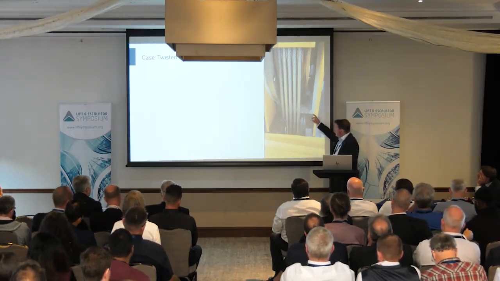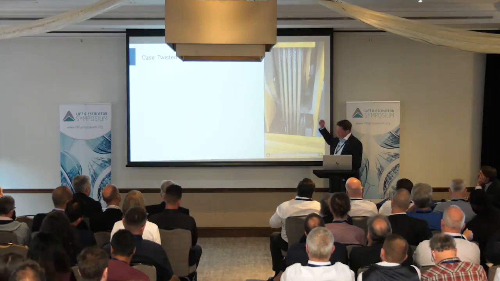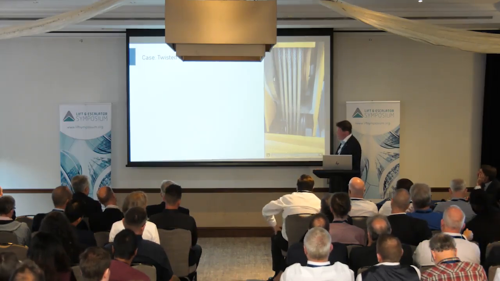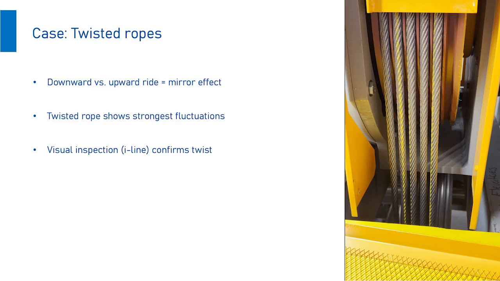So ropes are always turning. But if somebody did not take care when installing the ropes, you could see that some ropes are turning more than the others, and that is a sign for twisted ropes.